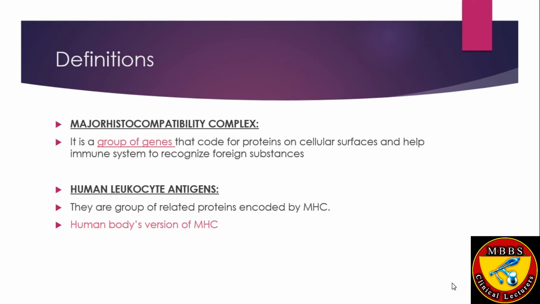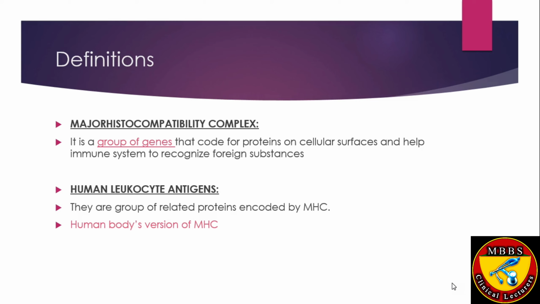As you know, this name comprises major, which means most important. Histocompatibility means that this complex is associated with compatibility. Histo means tissue, so compatibility between the tissues of a donor and a recipient.